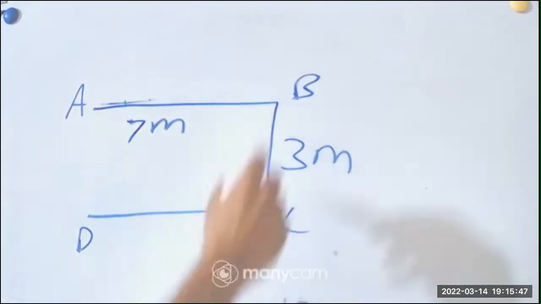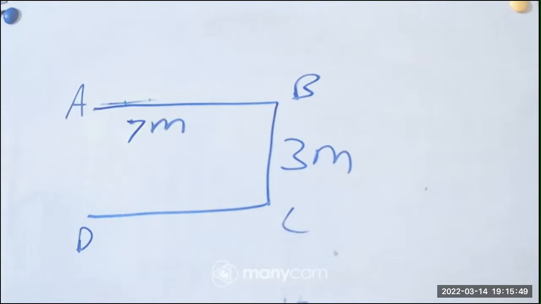So this whole shape. So first you still need to calculate the perimeter of the shape. So the perimeter would be what? 17 meters. Good job. And how many posts would be needed?